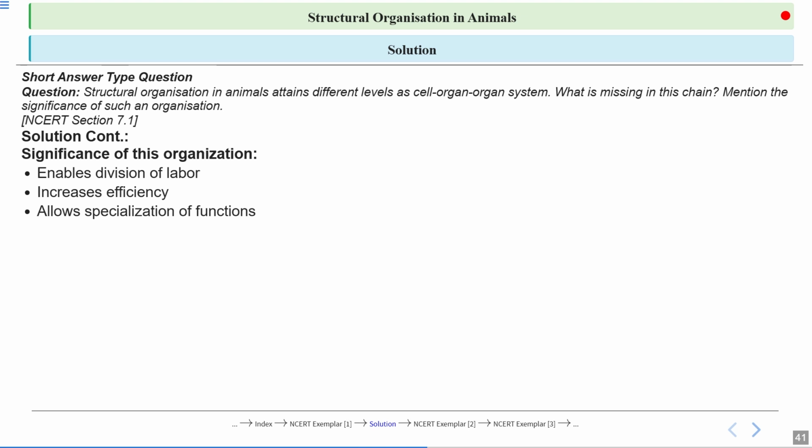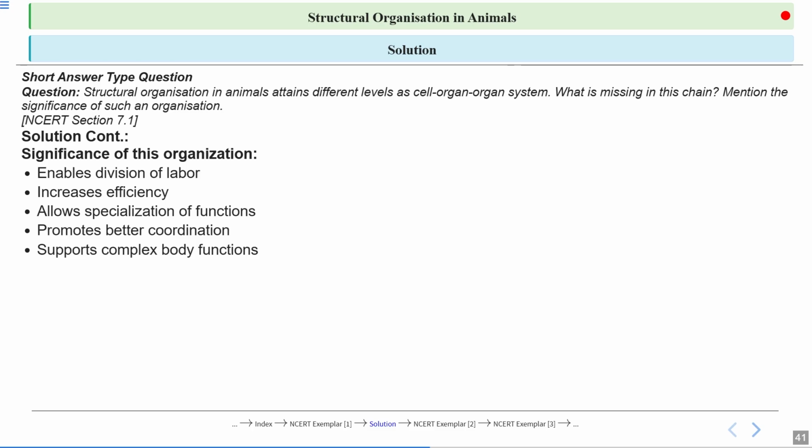It allows specialization of function, and also promotes better coordination. If they are performing just one single function, their coordination will also be better. It supports complex body function. Our body is very complex, right? Imagine the human body, or even the frog body, as we are studying the frog in this particular chapter.